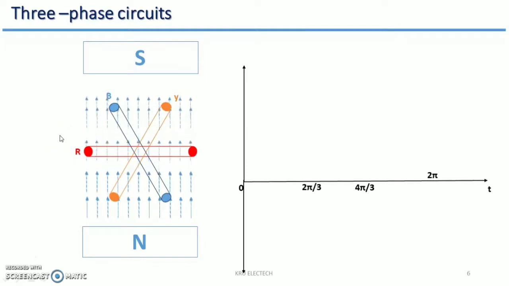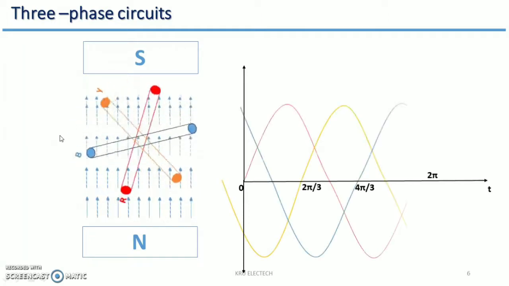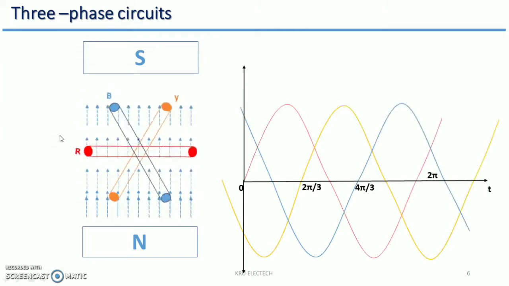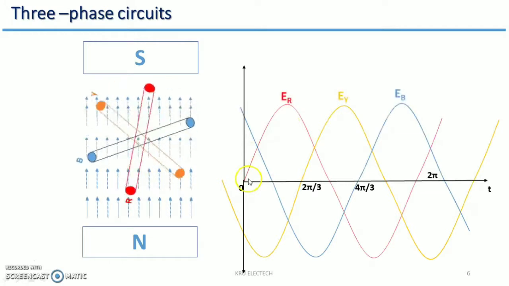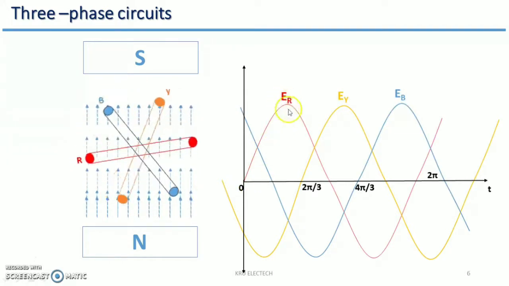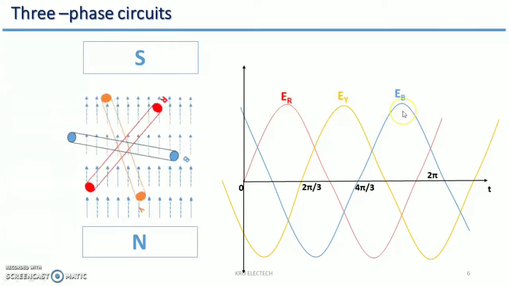Here is the field from N to S, and that is cut by the coil. First the R phase, then when the coil is rotated, you can see the R phase shown in red. This is the peak for the R phase, this is the peak for the Y phase, this is the peak for the B phase.